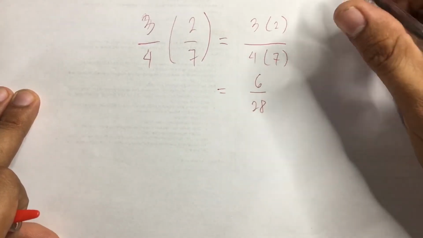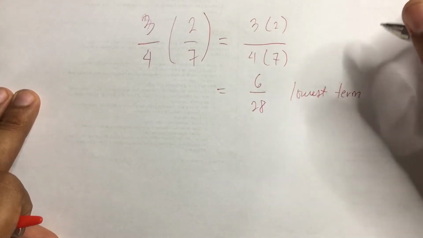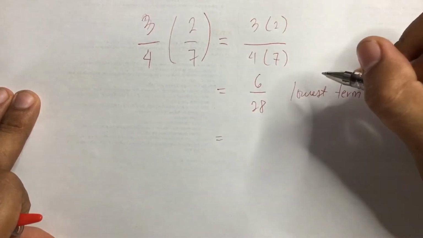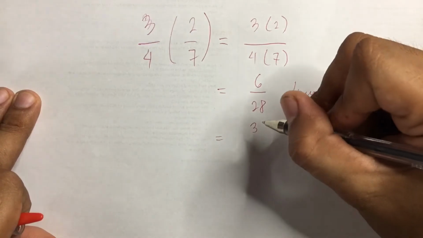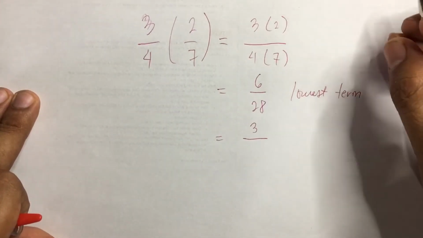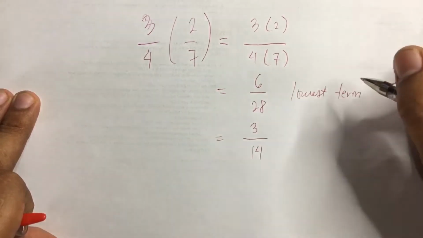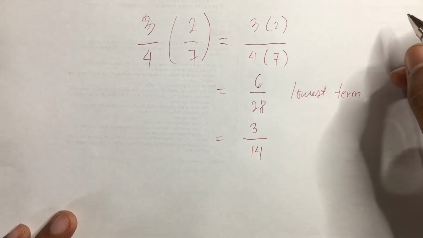And we can reduce this into lowest terms. To reduce it, we could divide by 2. There are three 2's in 6, and 28 divided by 2 is 14. So the answer here is 3/14.